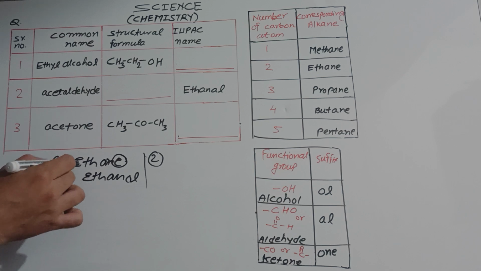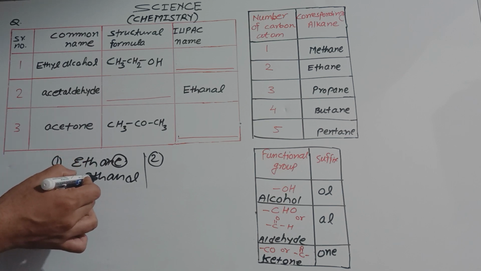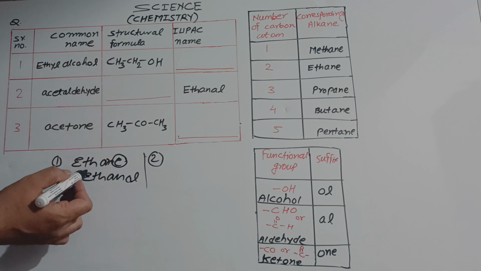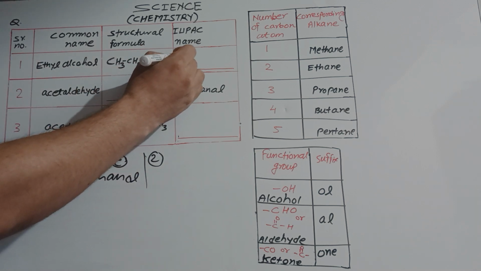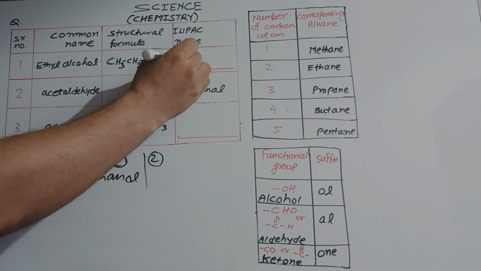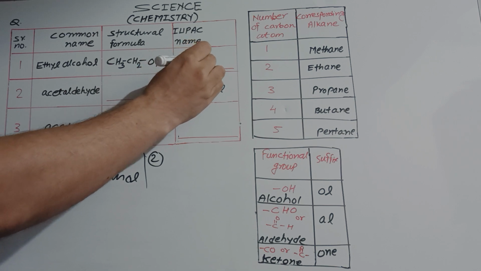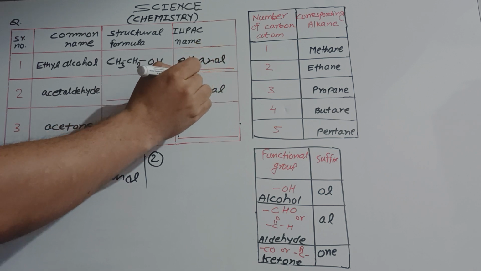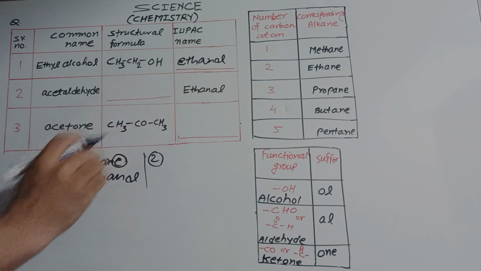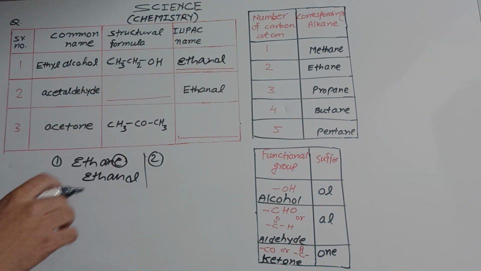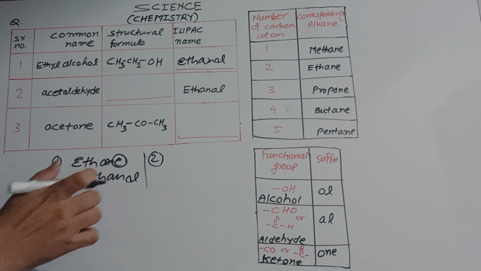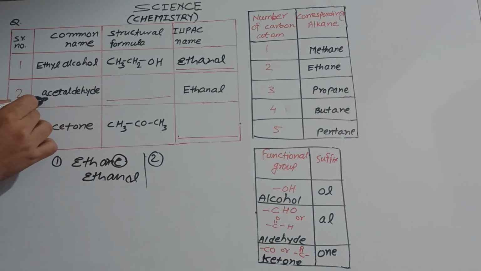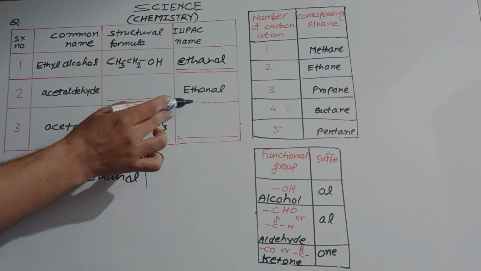In the first serial number we mentioned the IUPAC name, ethanol. The next one, the second one, we have acetaldehyde. Acetaldehyde is the common name given. In the structural formula we have to write, and an IUPAC name is given, ethanal.